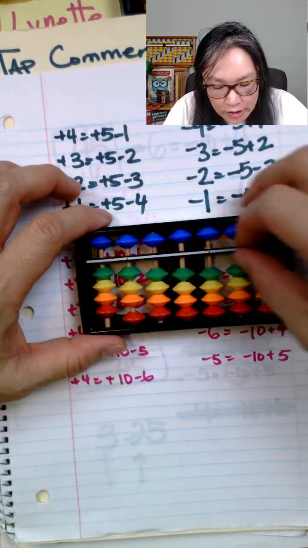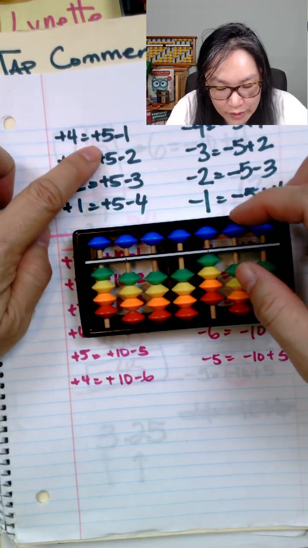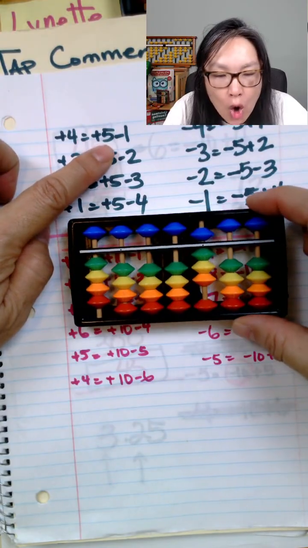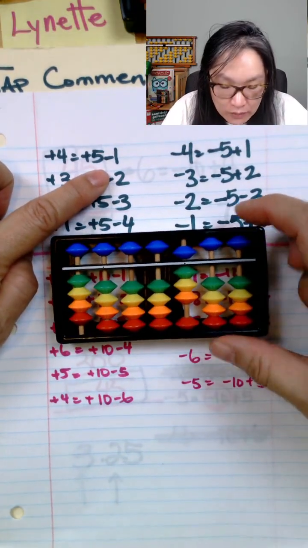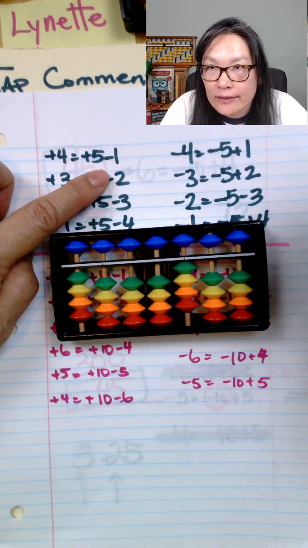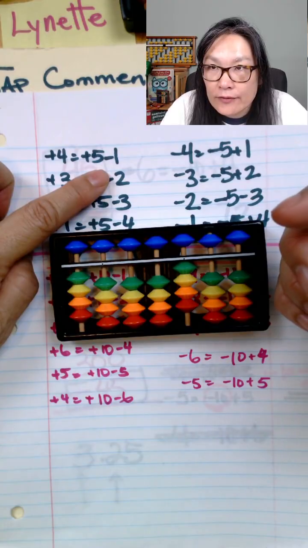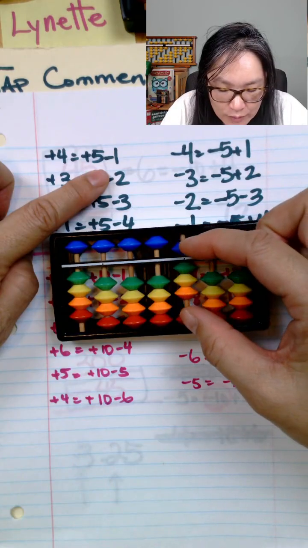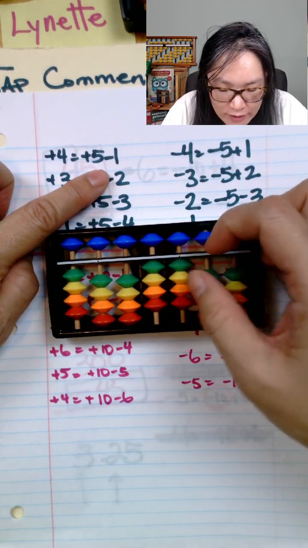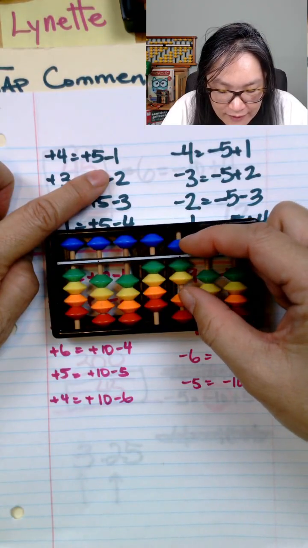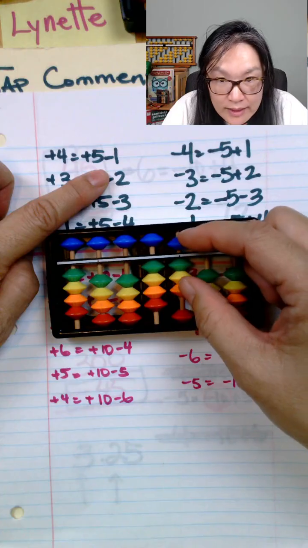When we add the 4, it will always be 5 minus 1. Always, always, always. So if I did, say, 43 plus 4, plus the 4 is plus the 5 minus the 1. It will always be that.